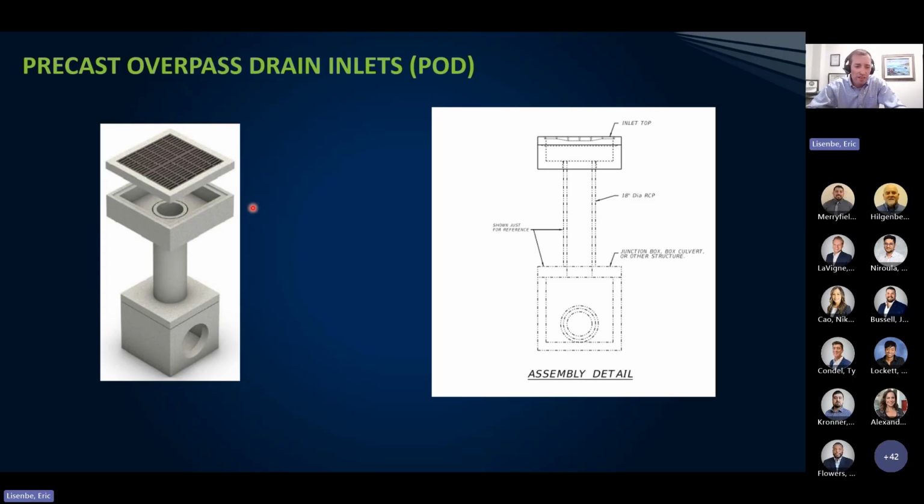But I think they use it because, as you're going, you have an overpass, and maybe you have a ditch in the middle, and it can get very deep. So it wouldn't be very cost effective to use just a super deep structure with a lot of risers. So they've given this option to have just a top and then use 18-inch RCP as a cheaper riser to get deeper in the structure.